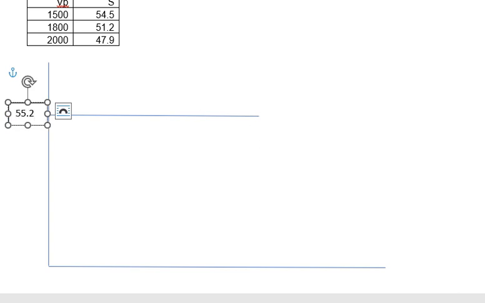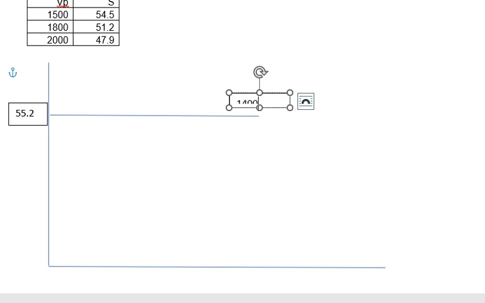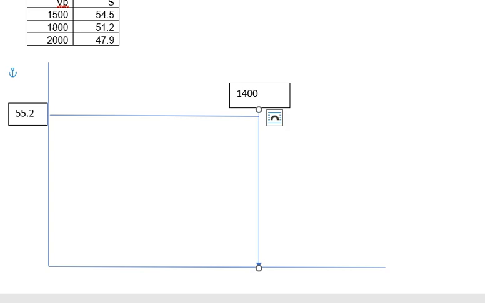Then it will go up to the breakpoint, which is 1,400. This value corresponds to the x-axis.